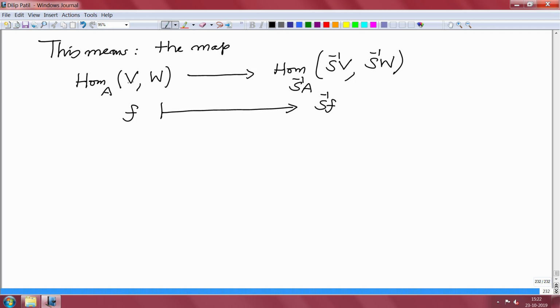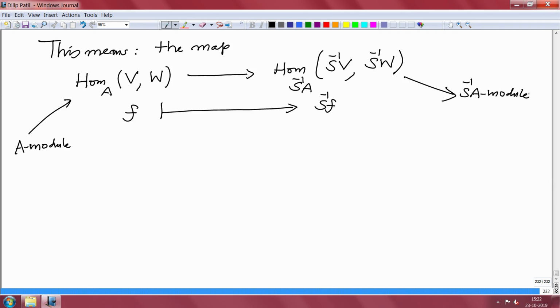But this is a module, this is also a module: this one is an A module, and this one is an S inverse A module.